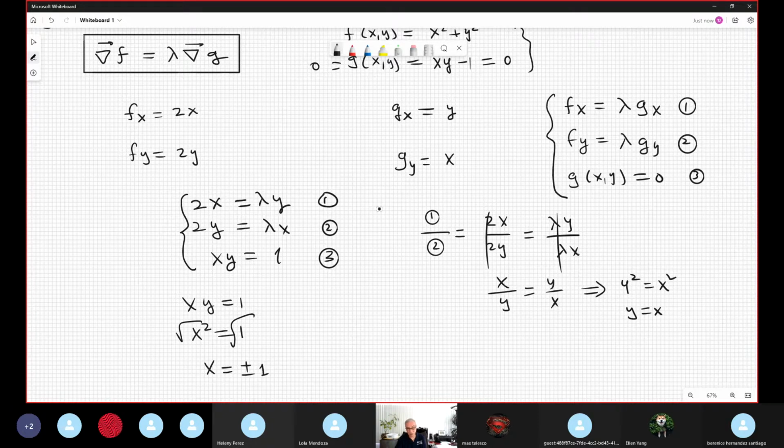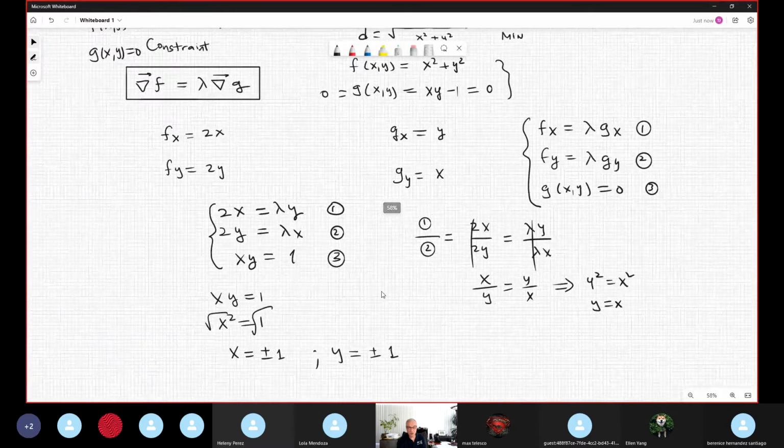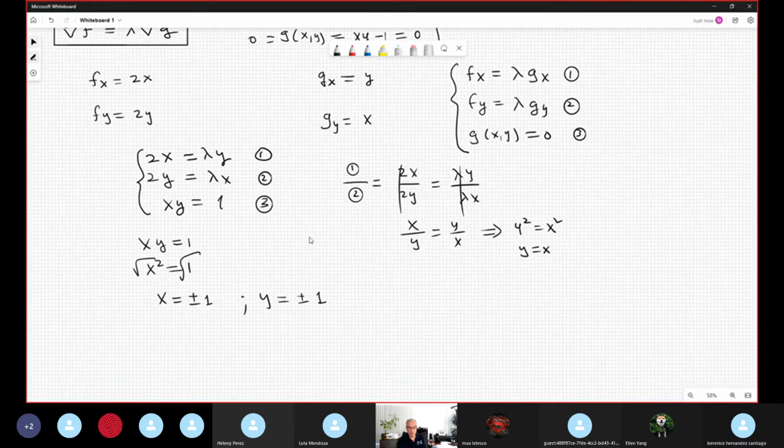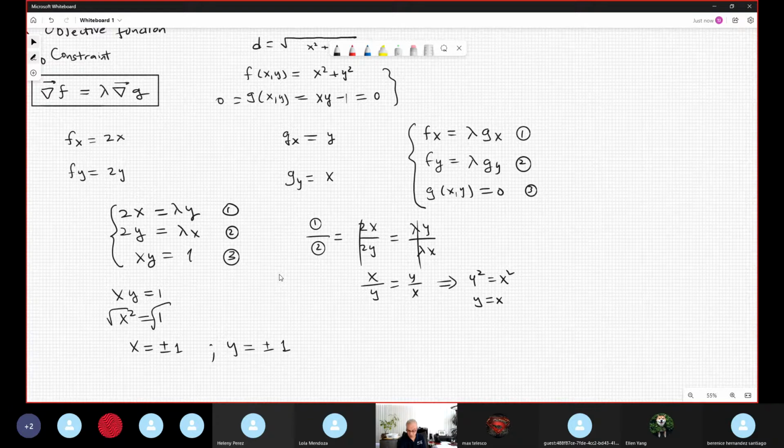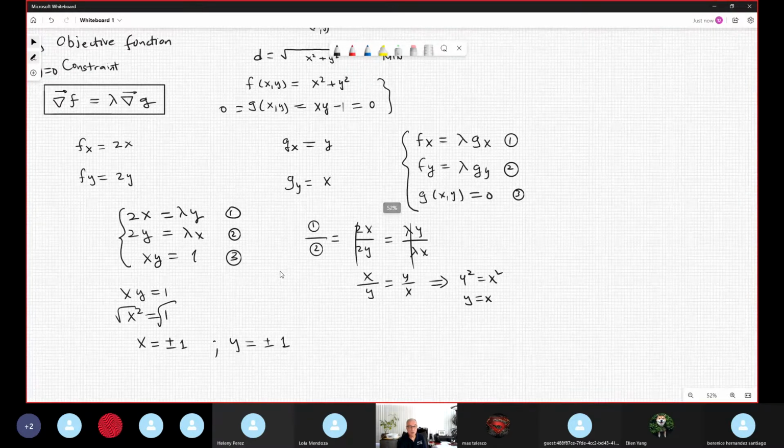So I identify the maximum and minimum, of course global, because we are talking about constraints, occurring at the points +1 and -1. In order to identify which is maximum and minimum, you plug this point into the original equation. And the original equation that I want to optimize is d equals square root of x squared plus y squared, right?